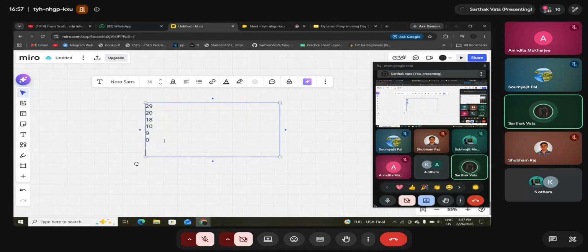So the thing is that this question can't be solved greedily. You might be thinking that the bigger the digit that you select, the better it's going to be. Like if I have an option like 87, then I select 8, then I reach the answer earlier. But it doesn't always work like that.